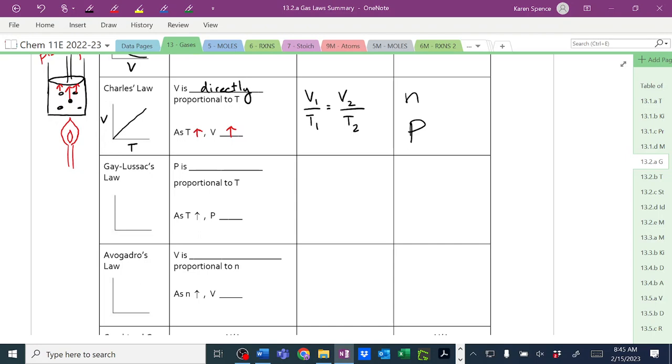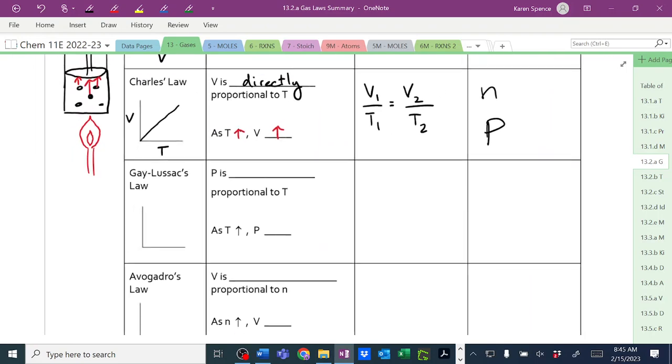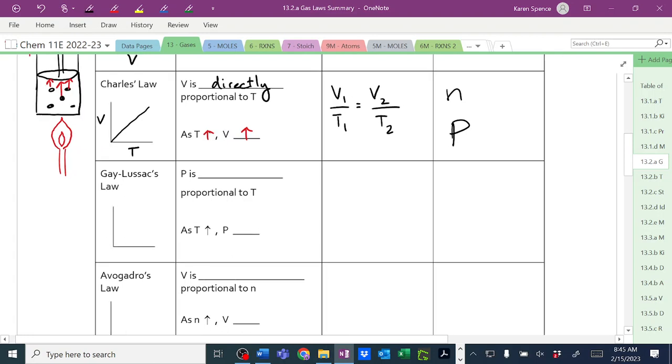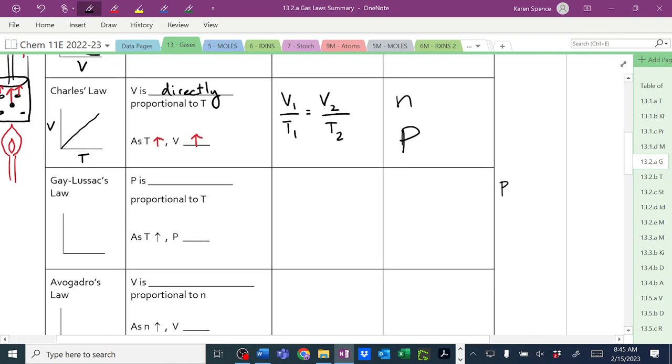All right. What happens to pressure as we are changing the temperature? Now, if we're changing temperature and we're saying what happens to pressure, what do we have to be keeping constant here? Remember, we have PV equals nRT, and we are looking only at how pressure relates to temperature.